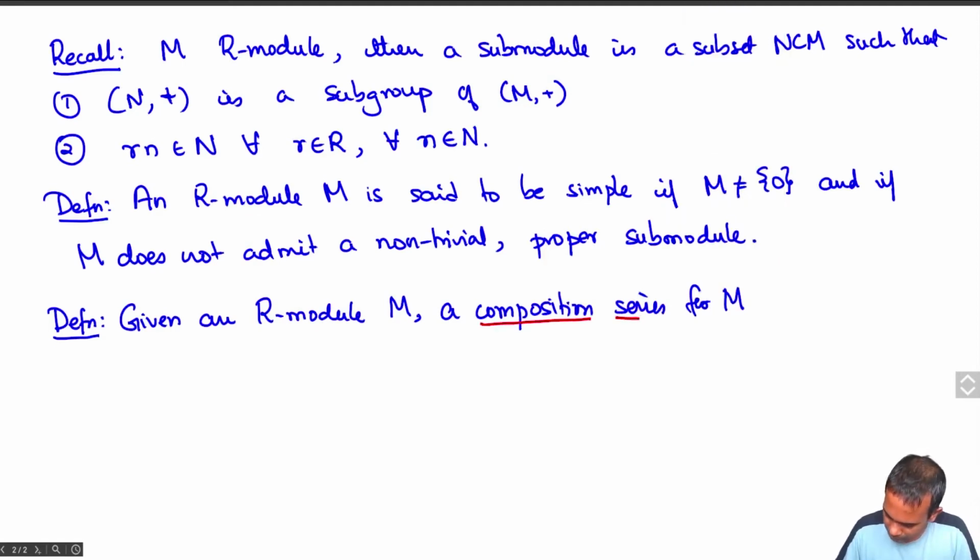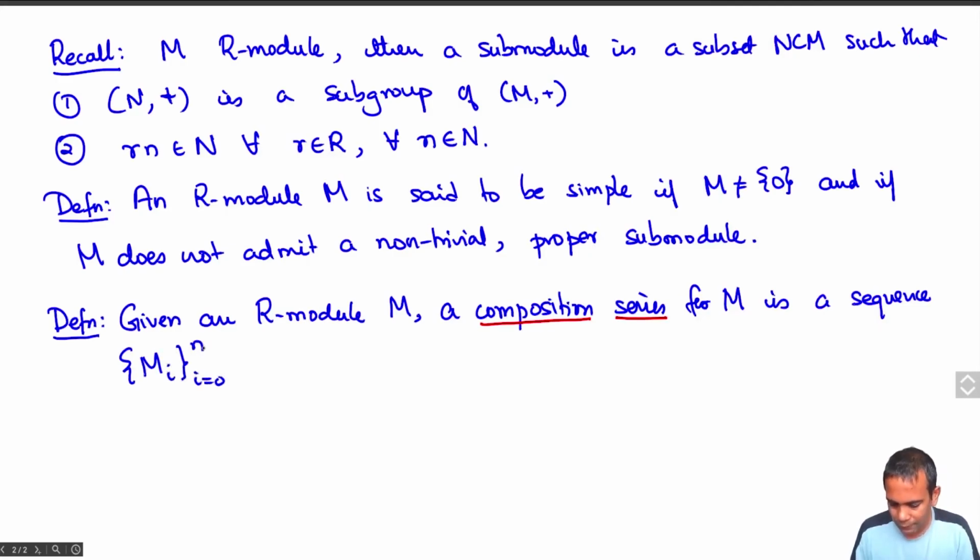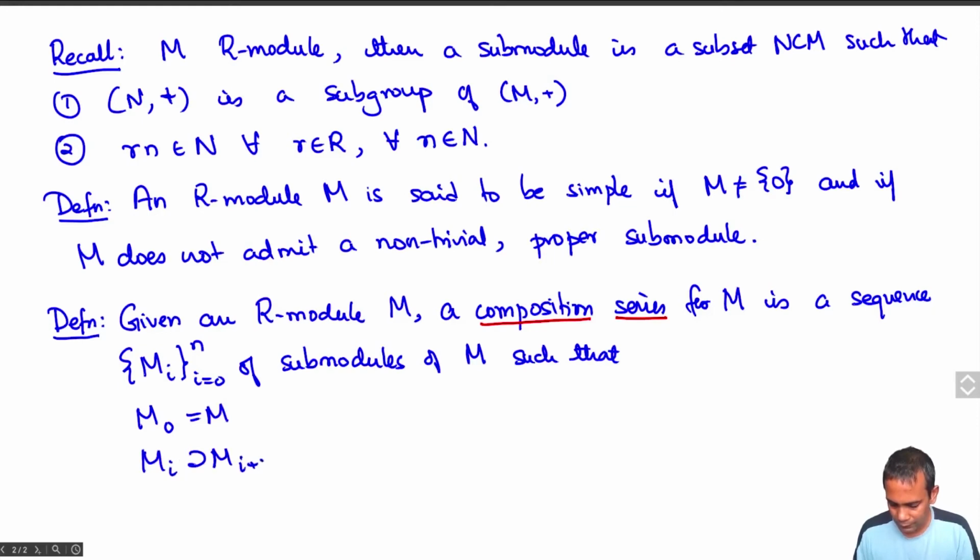Composition series is a finite sequence we will take, so i goes from 0 to n, of submodules of M such that, well, firstly M0 is equal to M, Mi contains Mi plus 1, and lastly Mn is the trivial module.